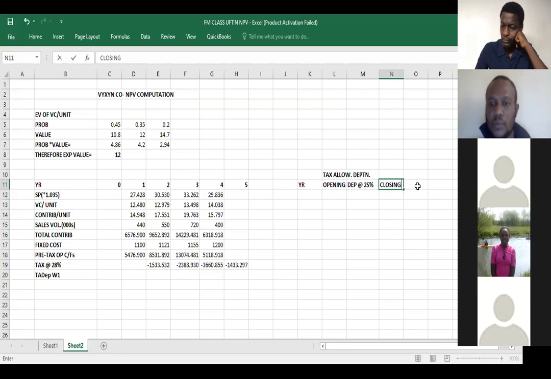And then our tax allowable depreciation, which will be depreciation times 28%.